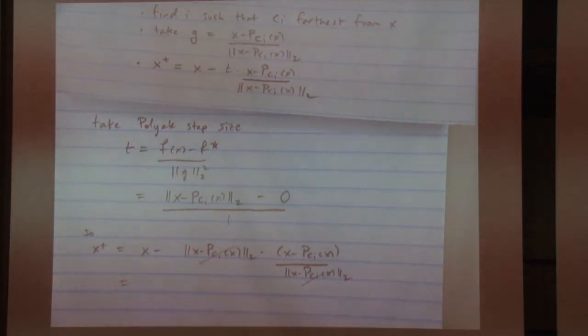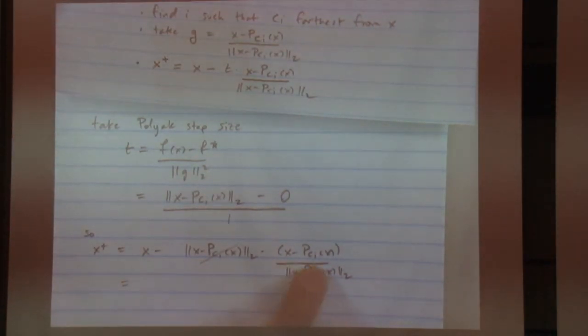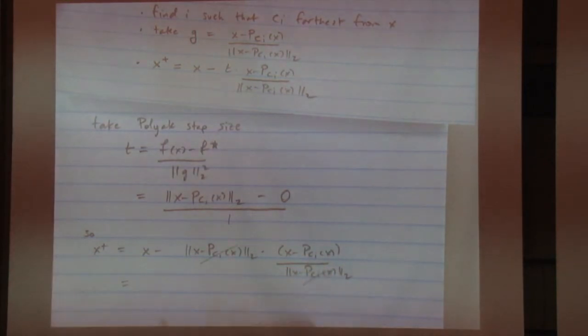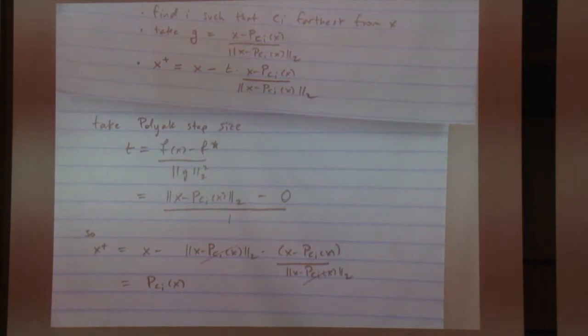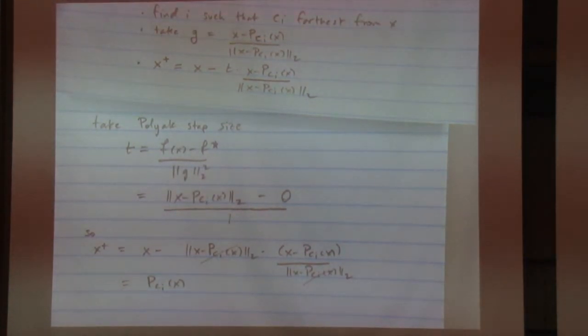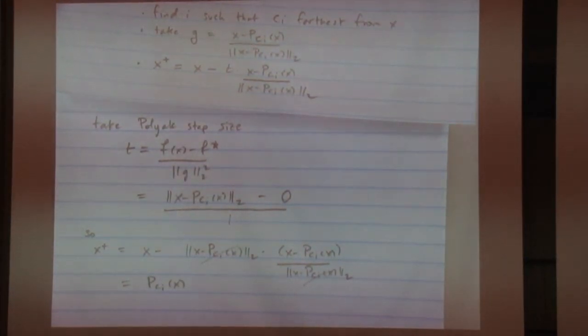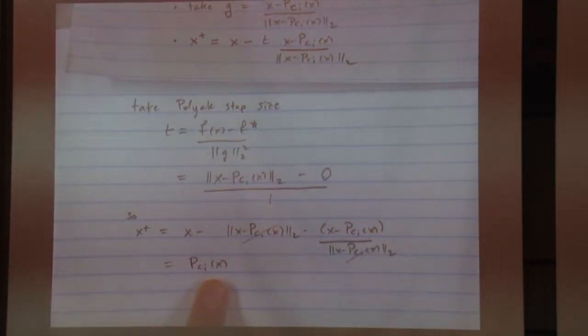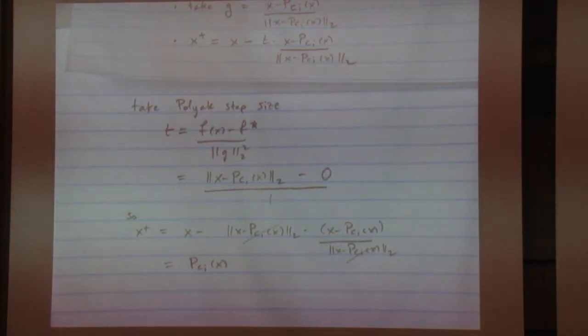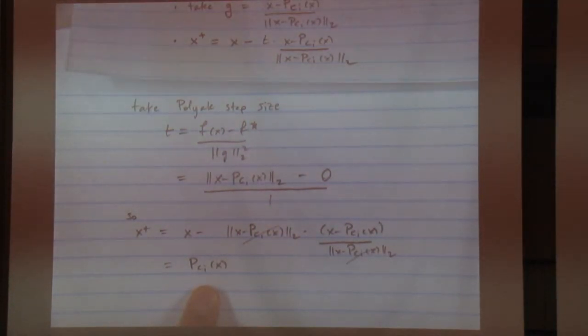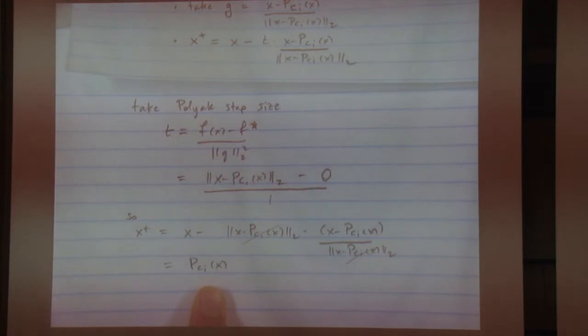And you can see that what we end up with is just x minus x plus the projection of x onto C_i, which is just the projection of x onto C_i. So let's recap. This is just the subgradient method applied to that criterion function, which is a maximum of distances to all the sets, once I took the Polyak step size, which I could apply in this example because I knew f star. f star was 0. It's pretty simple in this example.